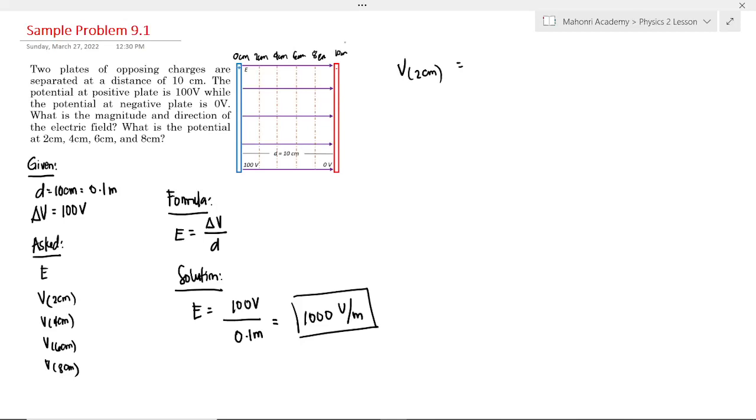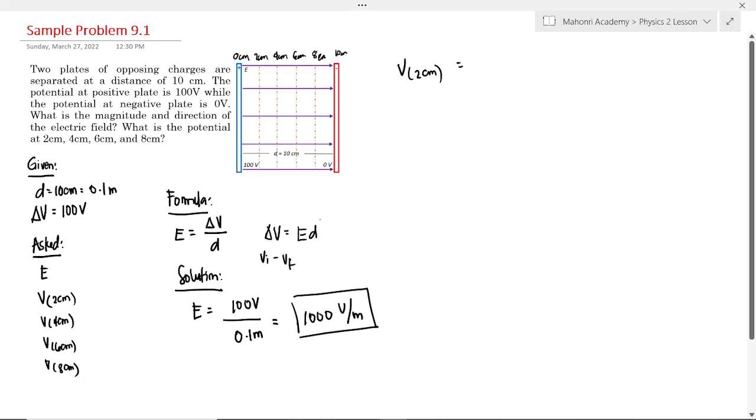In order for us to solve this, we use the same equation and rearrange it, which is delta V is equal to Ed, using V initial minus V final.